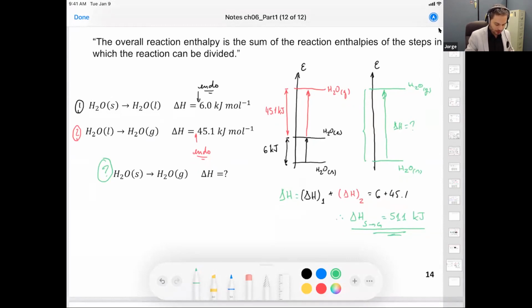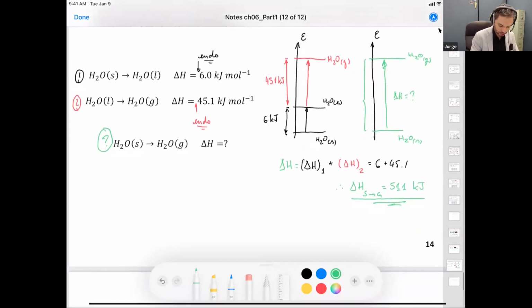So now let me show you how to use the equations and manipulate them as mathematical equations to achieve the delta H of more complex reactions. So the first trick here is to look at the problem. In the problem, we have water in the solid state as one of the reagents and water in the gas state as the only product.